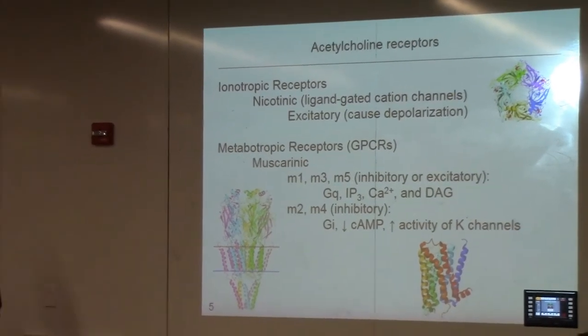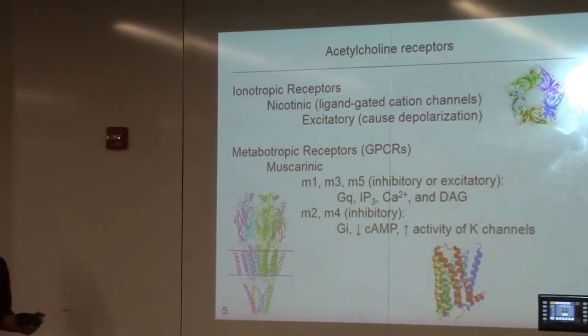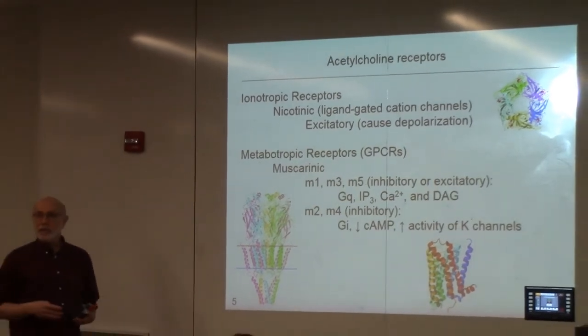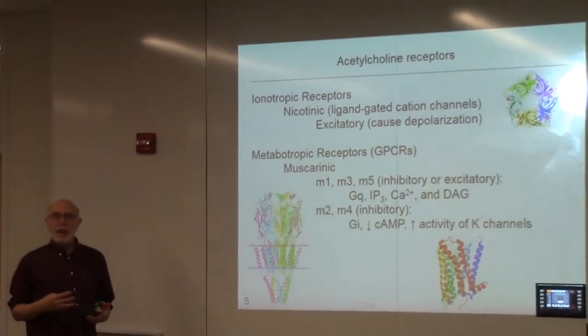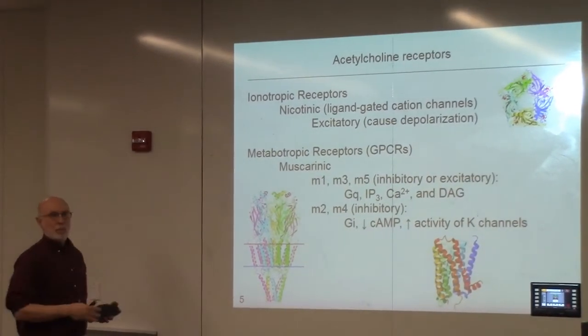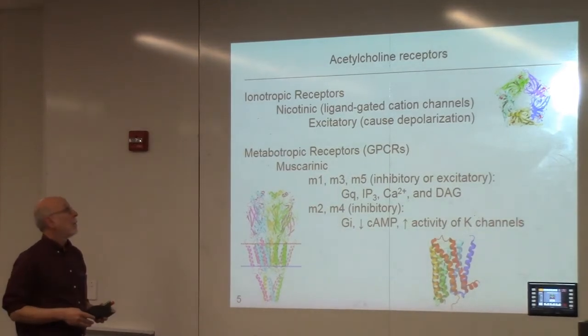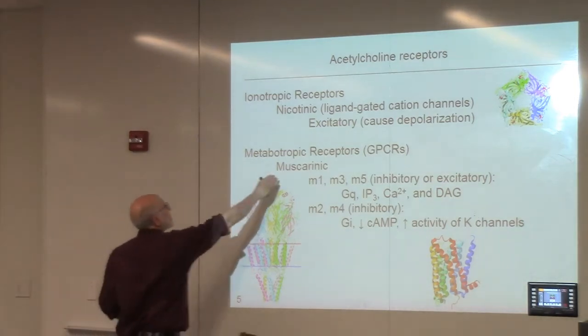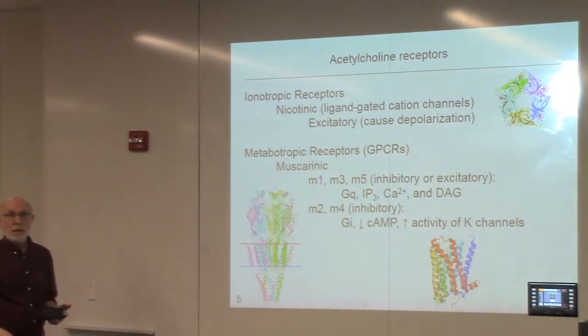I think everything on this is a slide for visual interest, because everything that I mentioned on the table is re-mentioned here. We've got nicotinic receptors, which are ionotropic. We've got muscarinic receptors that are metabotropic. This is all acetylcholine.